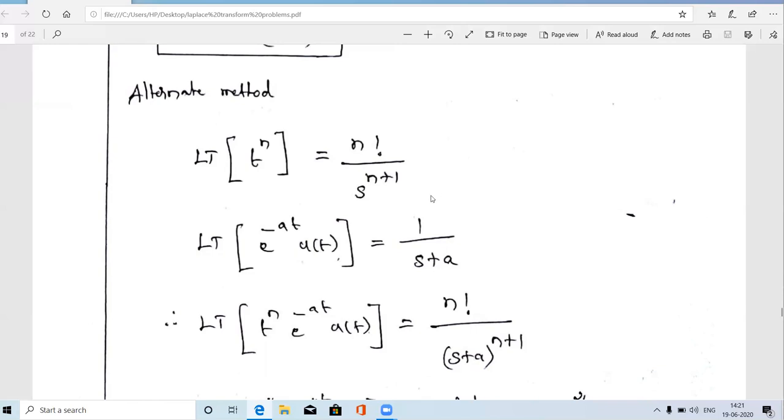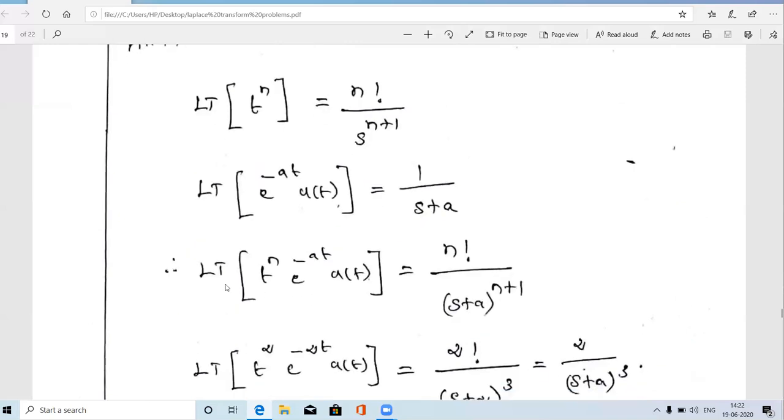Similarly, the Laplace transform of e power minus at u of t is 1 divided by s plus a. This problem we solved already.